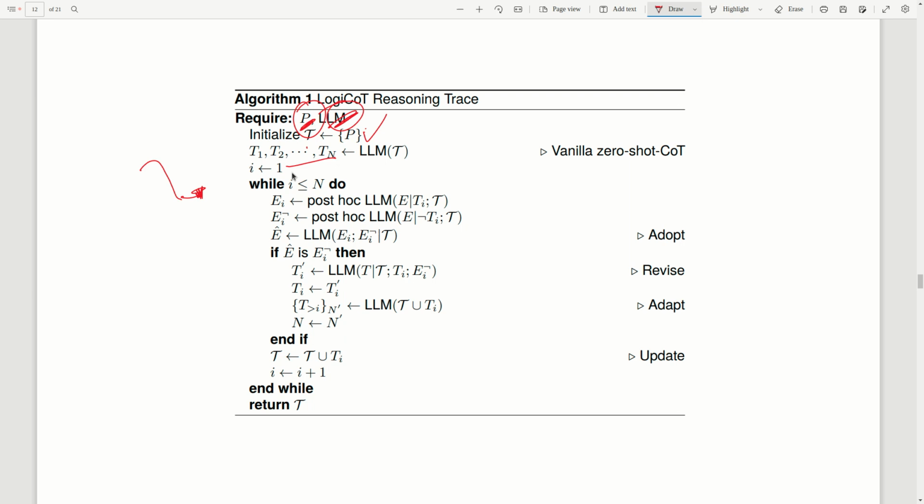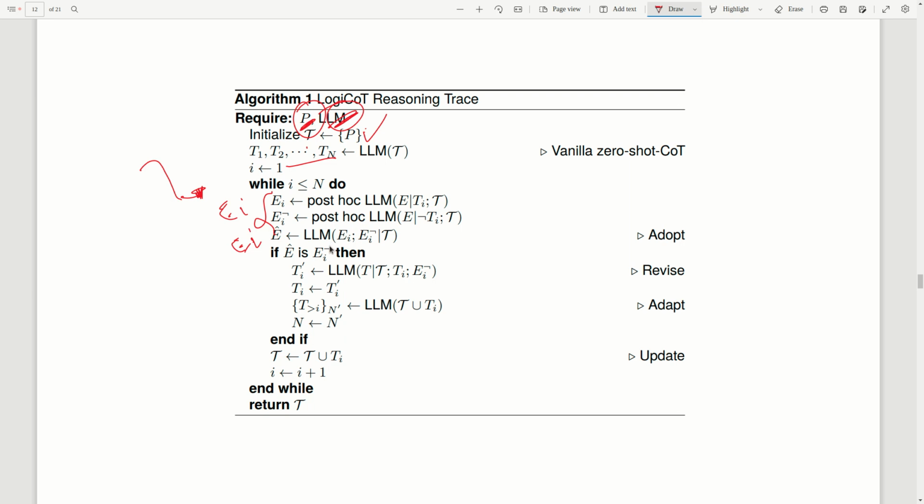The process involves prompting the LLM to generate post hoc inferences and verifying them for entailment, deciding whether to eliminate them or not.